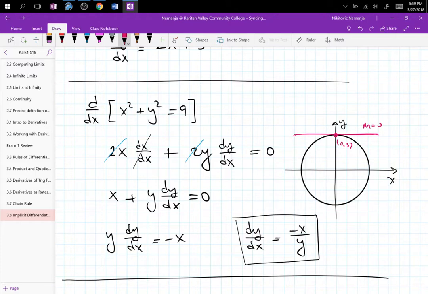And you can also have a vertical tangent line where the slope is infinity because you had negative 3 divided by 0. So vertical, horizontal, but anything in between. Give me any point on the circumference. I can draw the tangent line and I can use the formula below to calculate the slope of the tangent line.